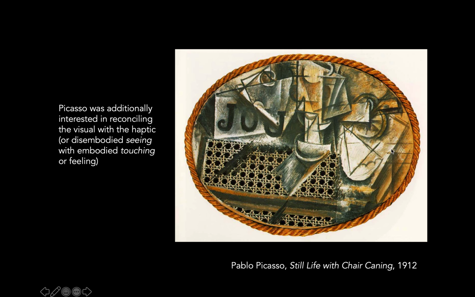He gives you a painting that's a still life, which, in this case, is fragmented, but it's somewhat traditional. You're seeing it, even if it's flattened and has a little bit of depth, like the earlier paintings. But he also gives you the sense that you're looking down, that maybe you're even in some way seated, right? Because this starts to look like a table. This starts to look like maybe the top of the table or a chair.